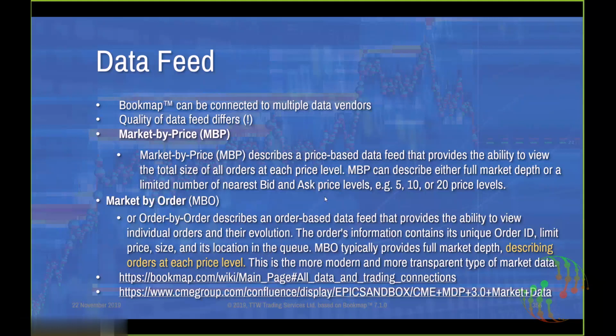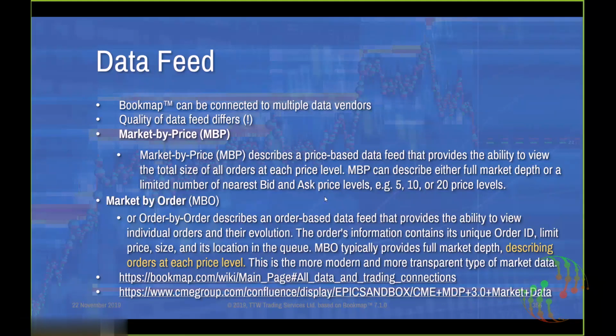There are two types of market data: market by price and market by order. Market by price describes a price-based data feed that provides the ability to view the total size of all orders at each price level. Market by price can describe either full market depth or a limited number of nearest bid and ask price levels, so you get either 5, 10, 15 or 20 price levels.